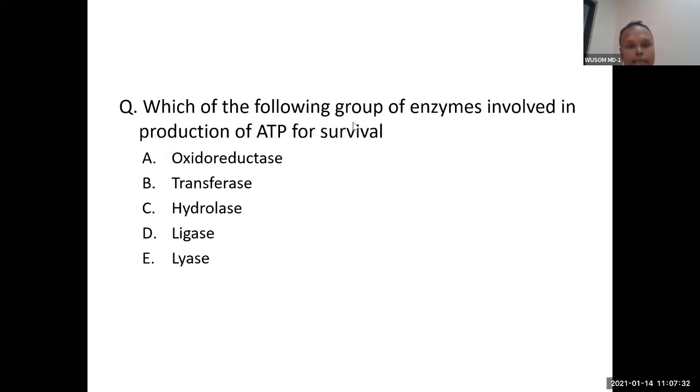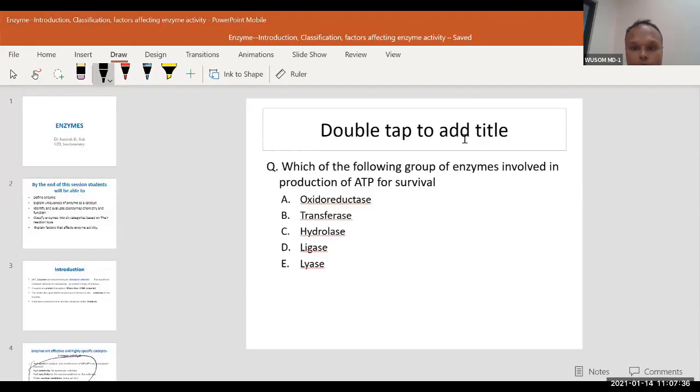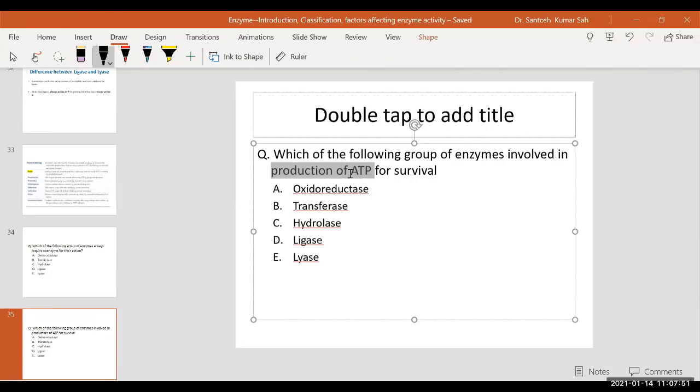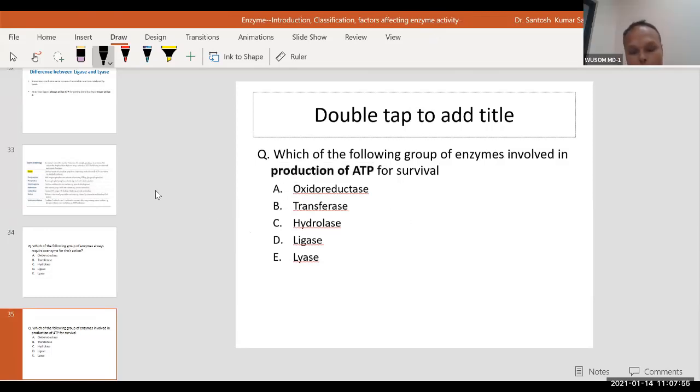Now let's talk about the second question. Which of the following groups of enzymes is involved in production of ATP for survival? B. Yes, you have to grab the concept from our introductory chapter.